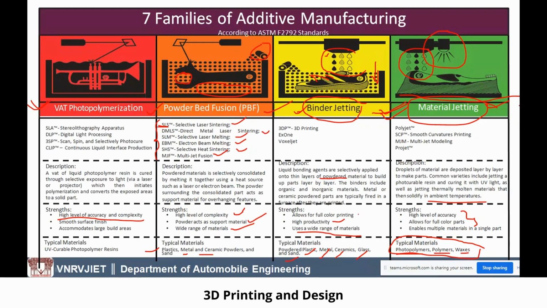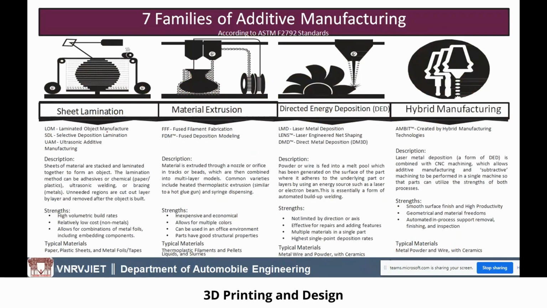And now we'll go to another 3D printing process, sheet lamination. You can see here there are two rollers. On these two rollers, the sheet is wound, kept in the form of rolls or reels.